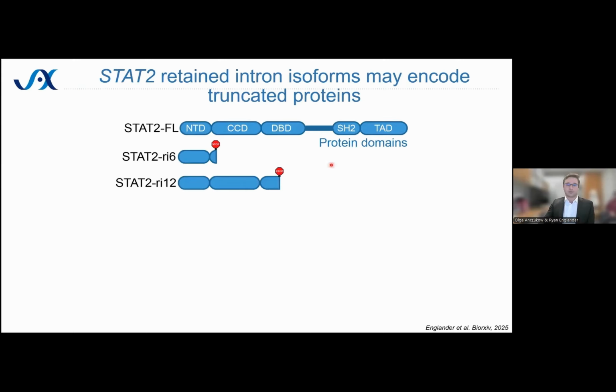So these are the structures of the proteins that would be predicted from either complete STAT2 splicing or intron 6 or 12 retention. You can see the full-length STAT2 protein shown here with all of its known domains highlighted. This protein is fairly well described.